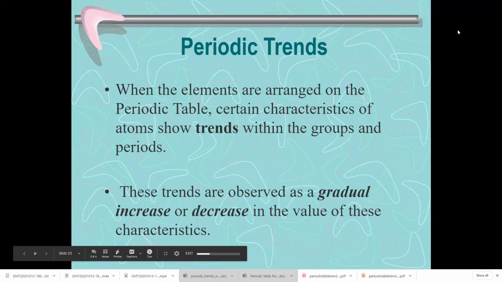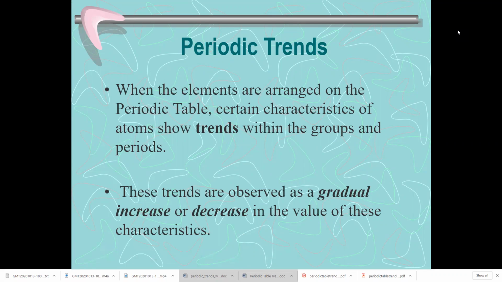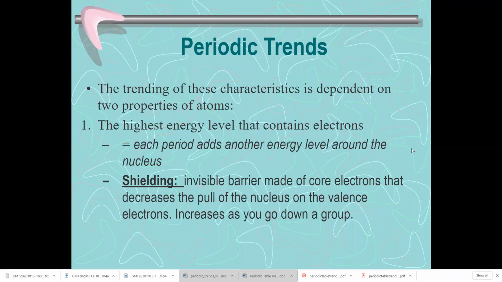All right. So we know that the elements are arranged according to their atomic number. And when the scientist decided to do that, then he also decided how many groups there were going to be eventually. And by doing that, then he has elements with similar characteristics lined up in groups.